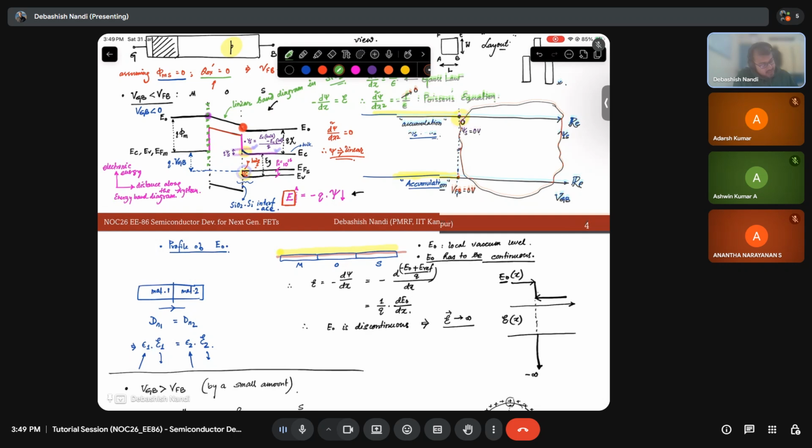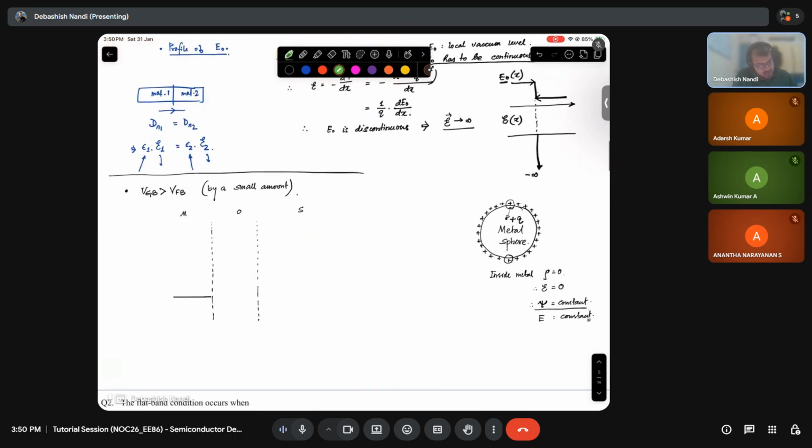So now coming back to our discussion on the positive VGB. If VGB is positive, so this is your EFM. So this will be your EFS. Is it correct?